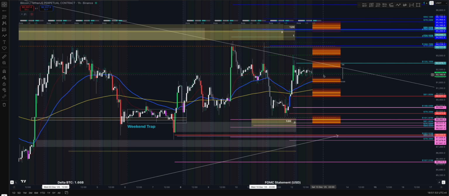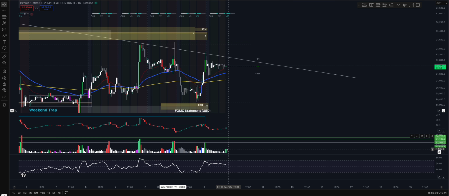Also, the volume is pretty low at the moment. The candle at the moment shows a vector candle, but that's only because the volume was so low. So it needs a lot more volume to be counted as a valid vector candle.